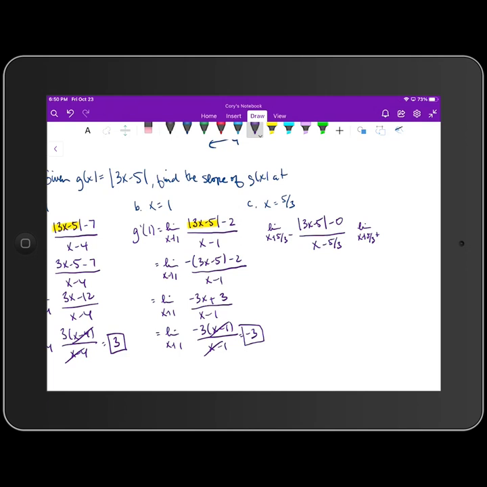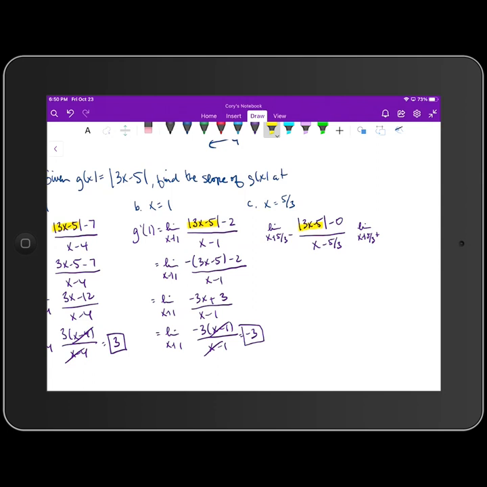Now, just like we've done with the previous examples, we want to figure out how we treat that absolute value expression. If I take the limit as x approaches 5/3 from the left-hand side, and I consider values of x that are slightly smaller than 5/3, then when I plug that number into that absolute value expression, we're going to be taking the absolute value of something that's negative.